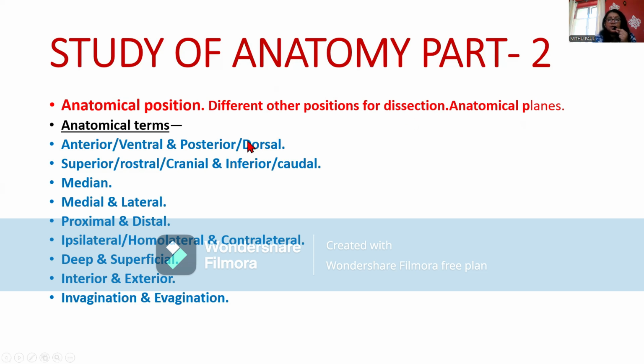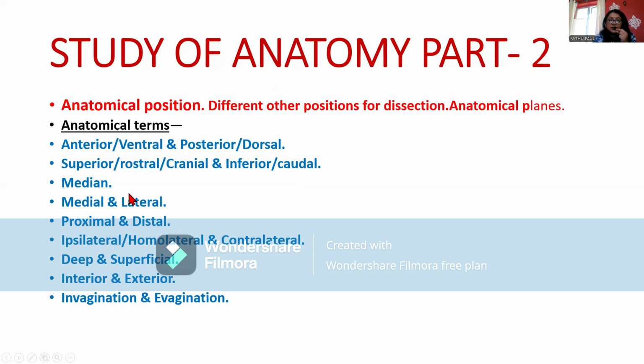We have named some anatomical terms that we will use very frequently when studying individual bones, such as anterior or ventral. On the other side, the opposite of that is posterior or dorsal. Superior, rostral, cranial; opposite, inferior or caudal. Median, the single plane that lies over your body straight away in the middle.